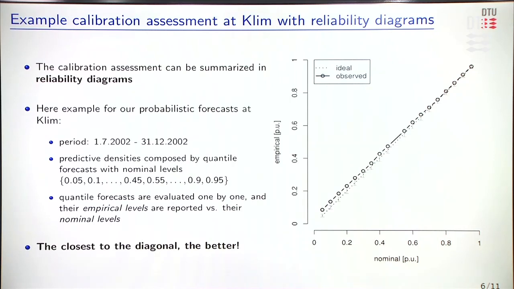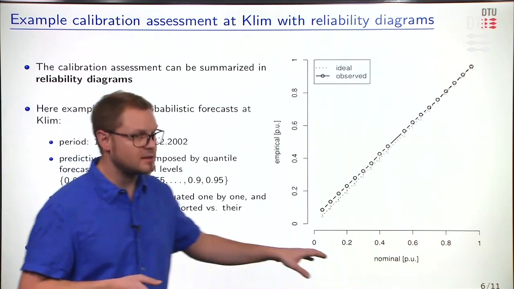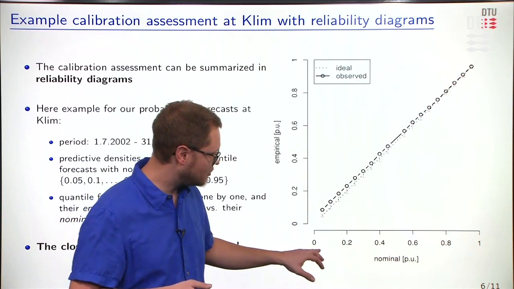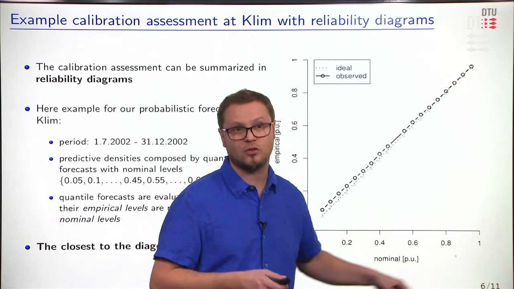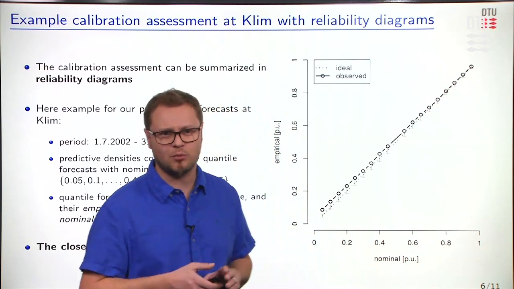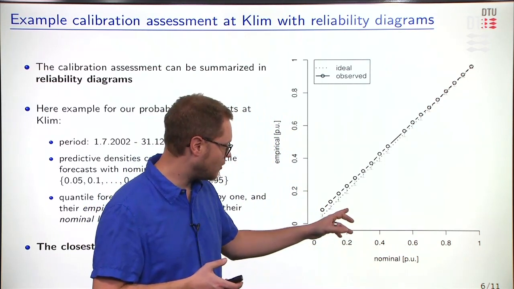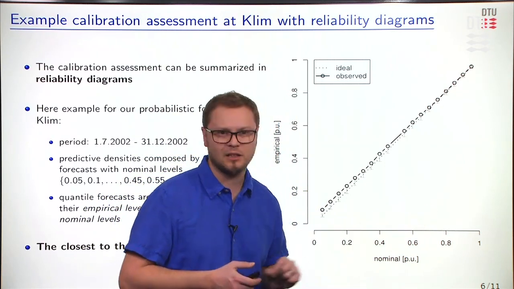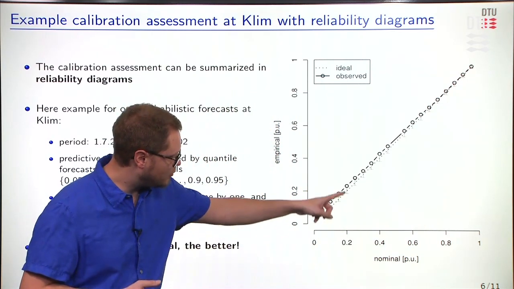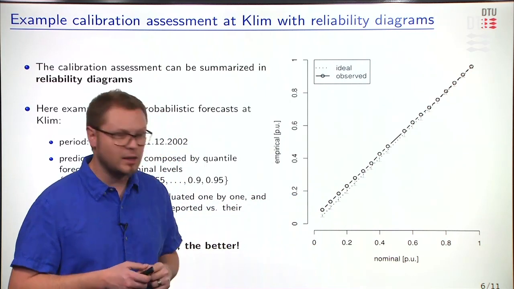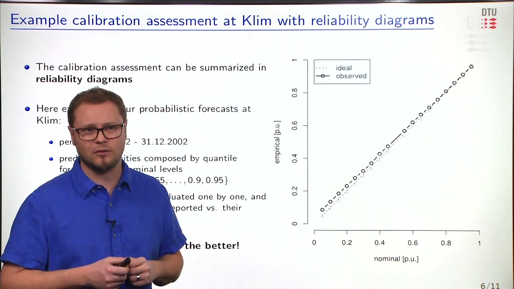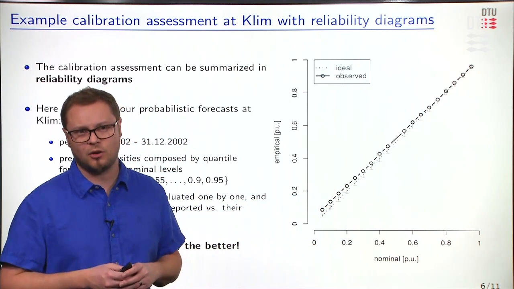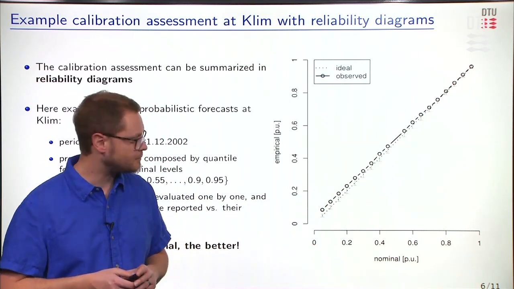We evaluate these quantile forecasts one by one, and we calculate their empirical levels, which we report versus their nominal levels. And this is what we get here with this reliability diagram. We have here the nominal levels of the quantile forecast, so that's the probabilistic contract that was expressed originally, so it should be nominal level 0.2, for instance, or 0.4, or 0.6, etc. And then what we report here is what was really observed, so the empirical level of this quantile forecast, how much they covered the observations on average.